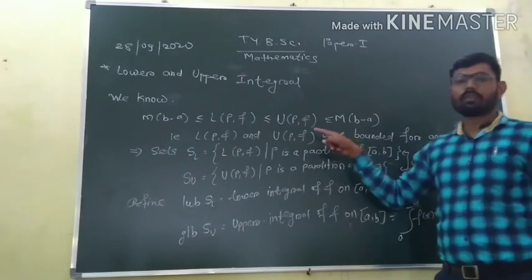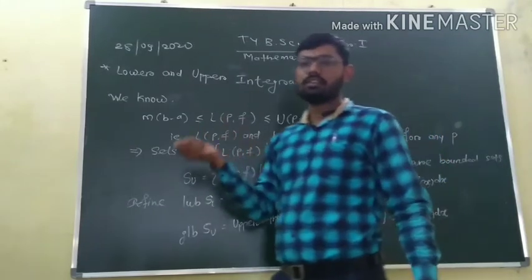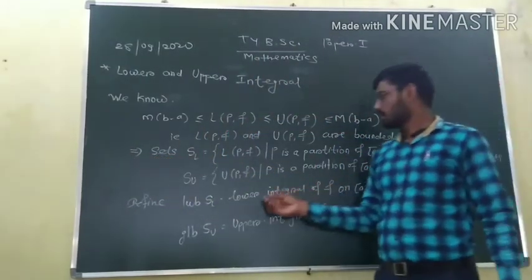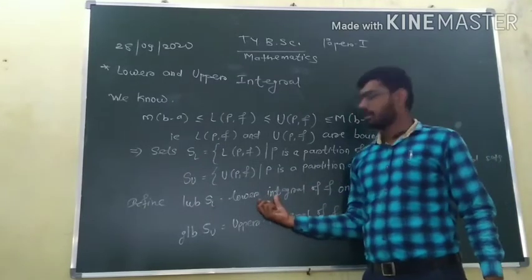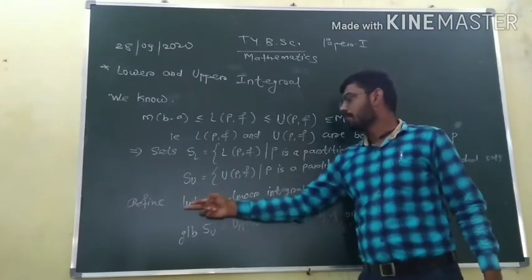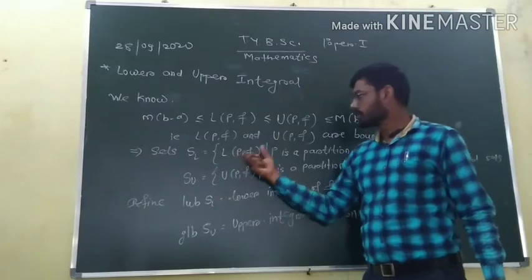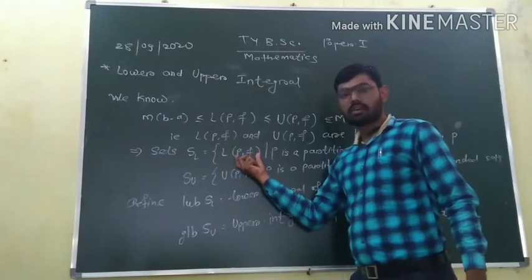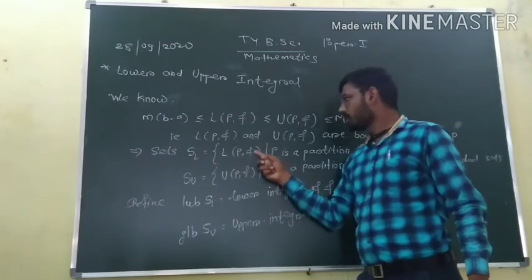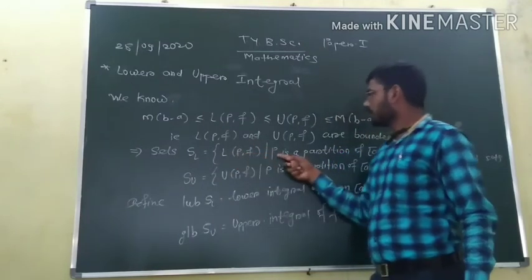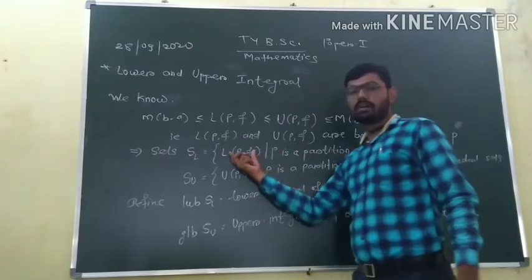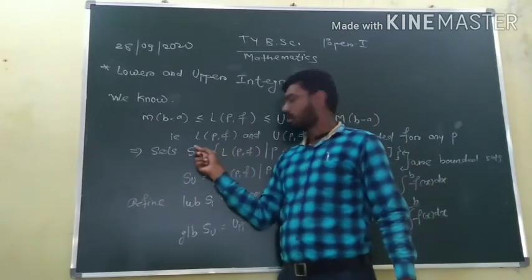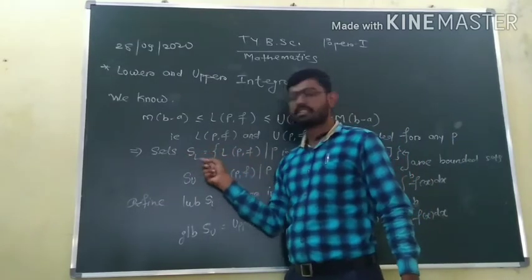So we can take their greatest lower bound and least upper bound. So we define a new term, lower integral, which is nothing but the least upper bound of all lower sums. See the set SL, the set of all lower sums for the function f corresponding to partition P. Now if we take a different partition, we will get different lower sums. The set of all these lower sums we define as SL.